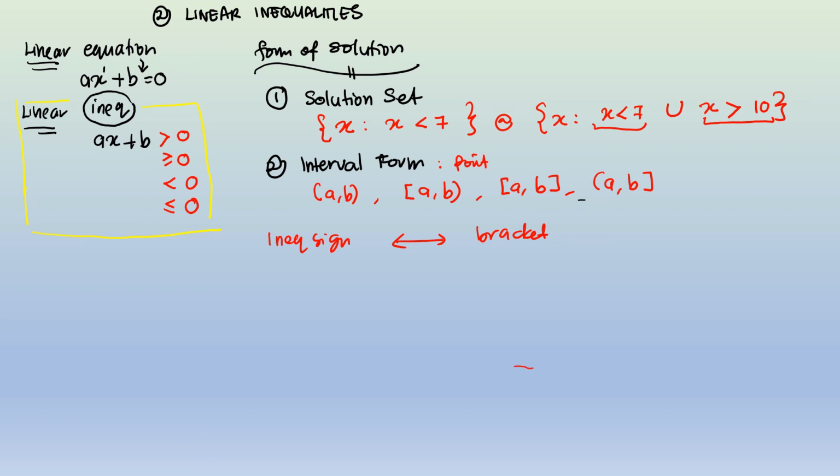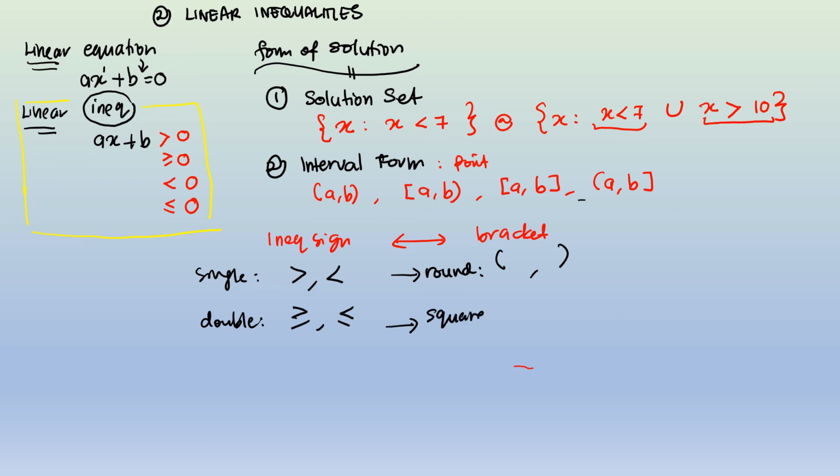If the inequality is strict, less than or greater than, the bracket used is a round bracket. But if it is greater or equal, or less or equal, you have to use a square bracket, depending on the situation.